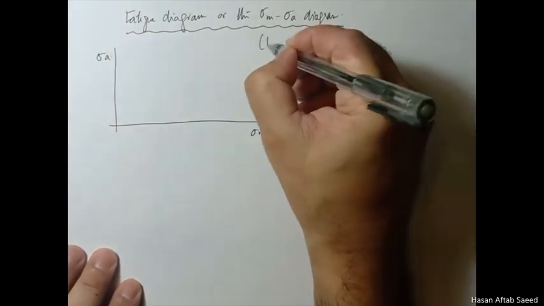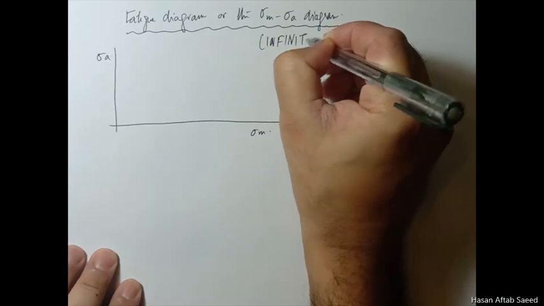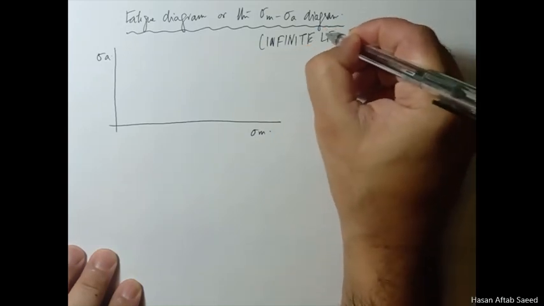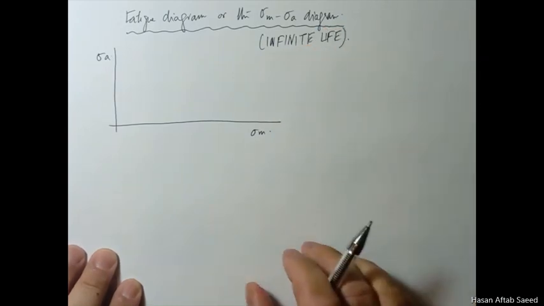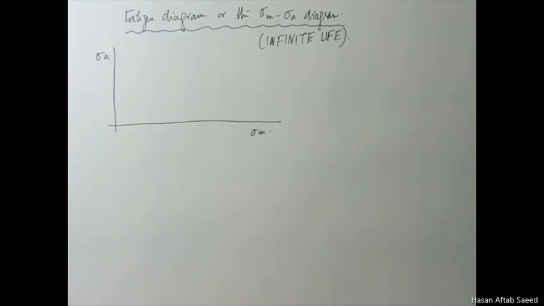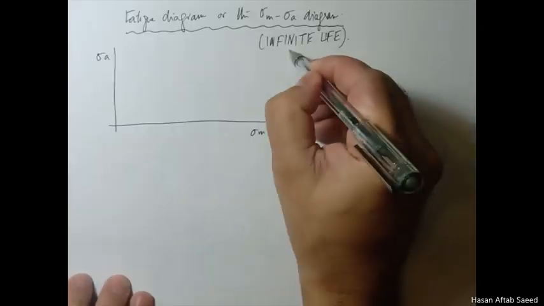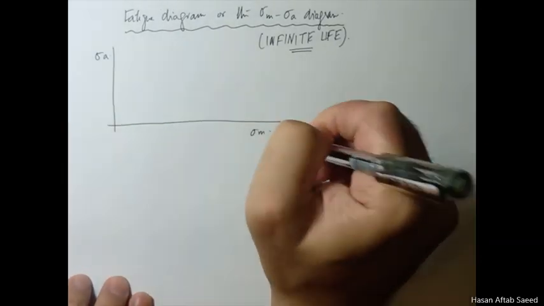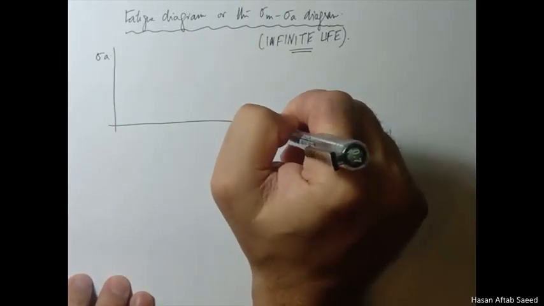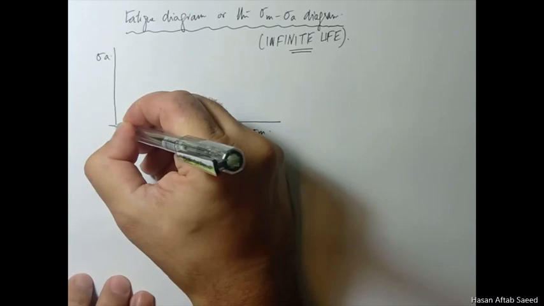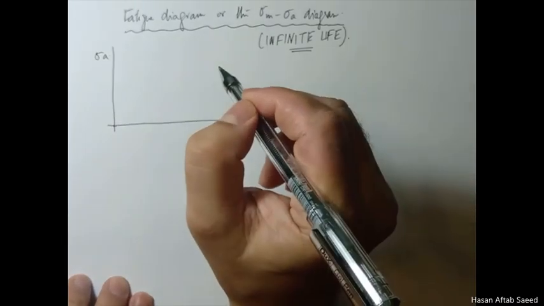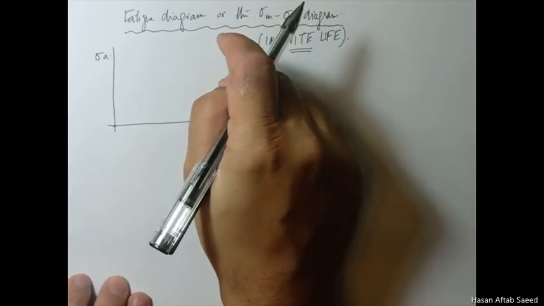So let's talk about infinite life first, and then we'll talk about finite life later on. The same thinking will be applied there too. One thing for starters, it's very easy to know what we should plot for infinite life. If sigma m is 0, this is the point, how much sigma a can be applied for infinite life?